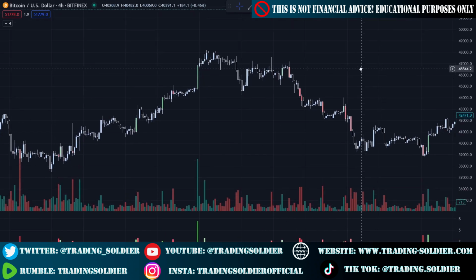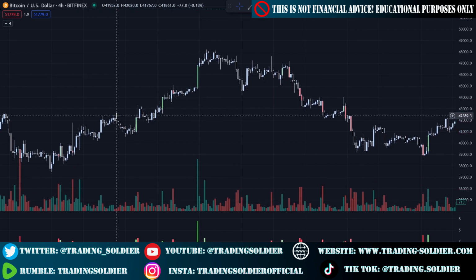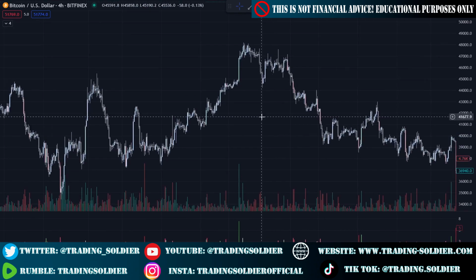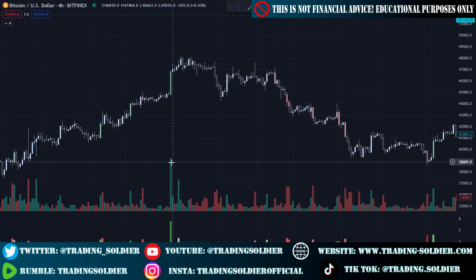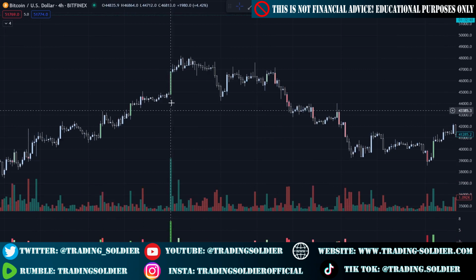Now I'm going to cover the overbought scenario of the volume. As we can see here, the volume is displaying a large spike on green because a lot of buying volume is coming into this candle, okay?